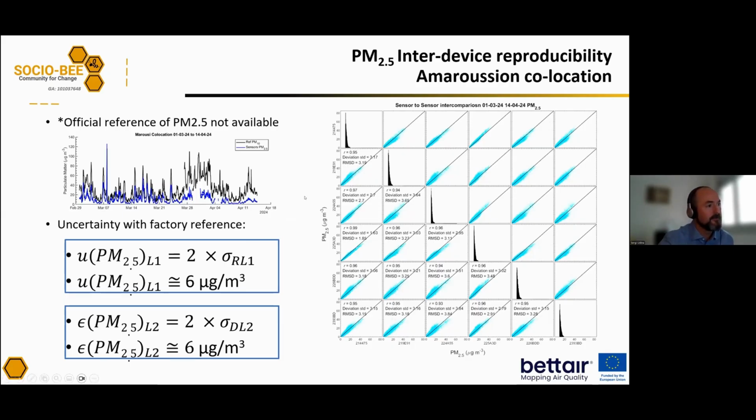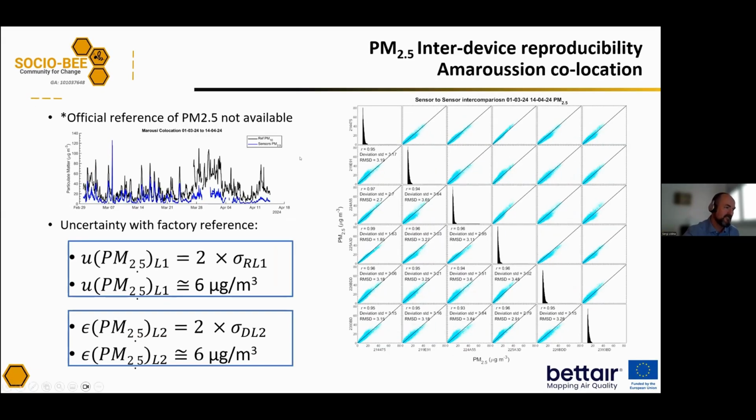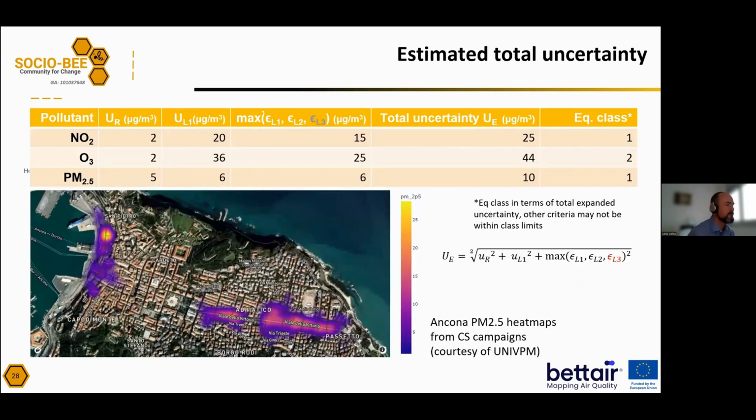The optical measurements of PM2.5 are much less challenging, in the sense of getting good accuracies, than for gas pollutants. It's much harder. So these were okay. We got 6 micrograms per cubic meter for both magnitudes.